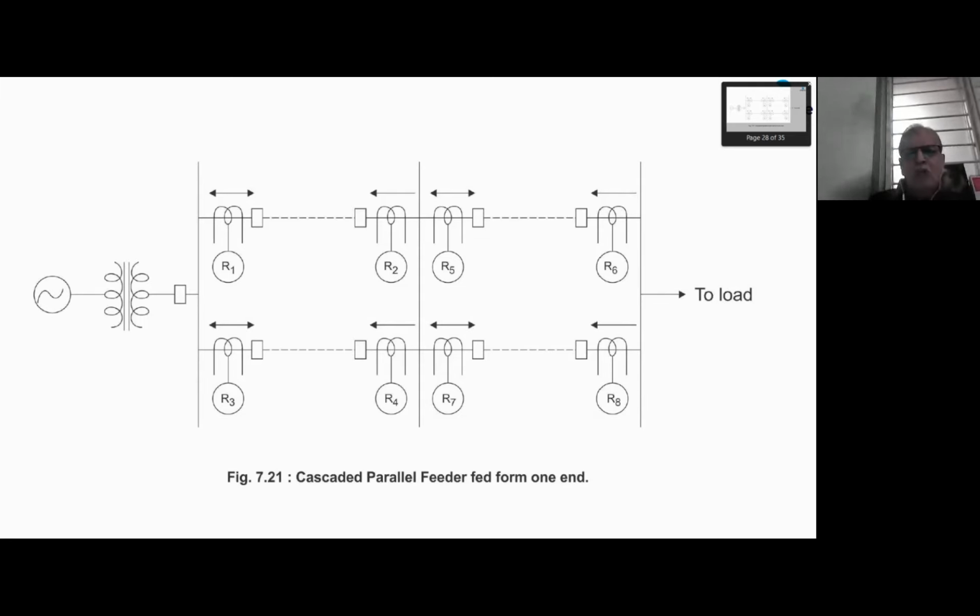Networks can be yet more complicated, and the relay setting is also going to be more and more complicated. These are only 4 lines and 3 buses, but say in the Gujarat system, there may be 50 buses, 100 transmission lines and 200 relays. In that case, coordinating and grading the overcurrent relays is very difficult, and one cannot do manual calculation.